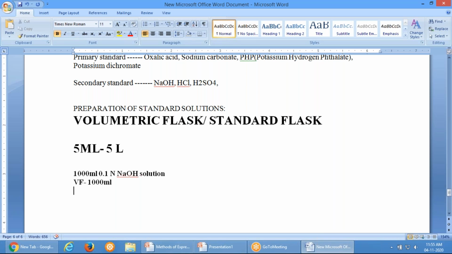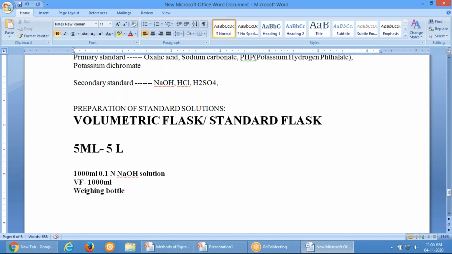Then what you need? Need a weighing bottle. Sodium hydroxide is a solid, but we are not going to weigh using butter paper because sodium hydroxide is hygroscopic. It will liquefy when it comes in contact with air. So we are using a weighing bottle.